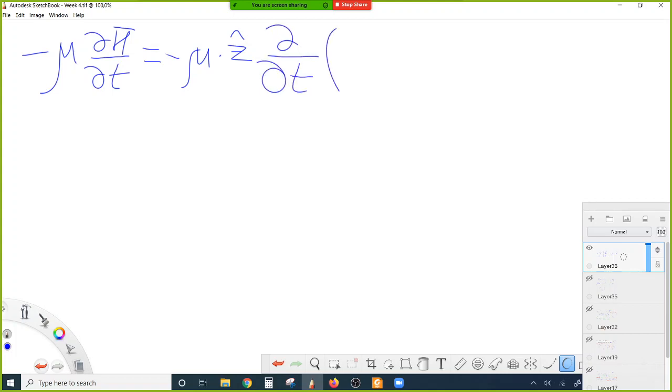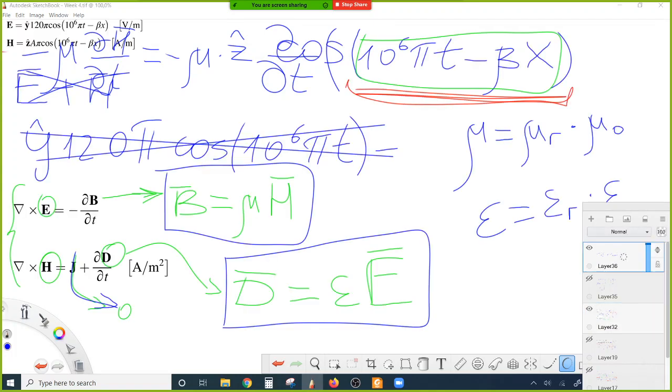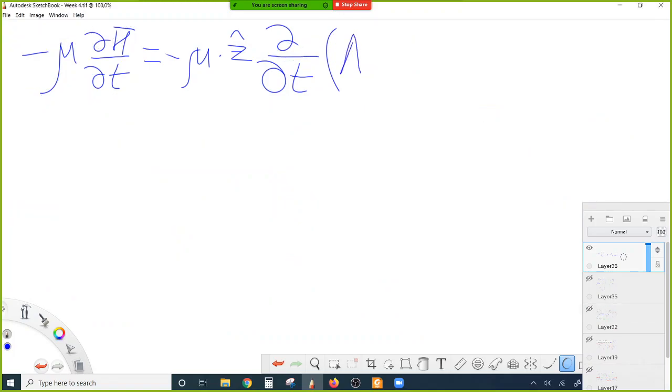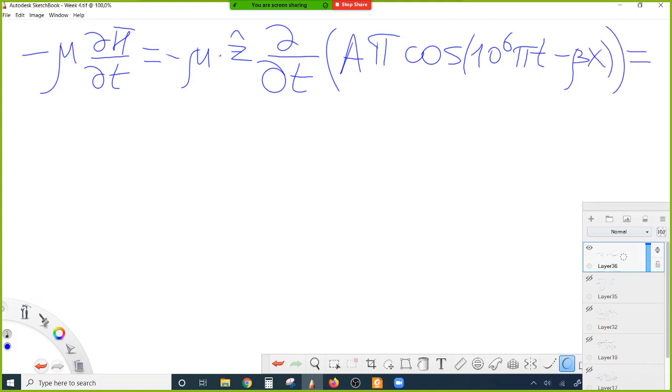So if we take the derivative of this expression, AP cosine(10^6 pt minus beta x), with respect to time, what do we get?